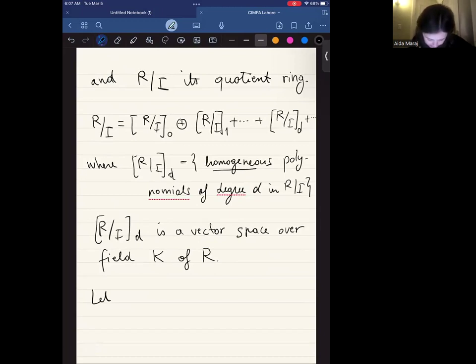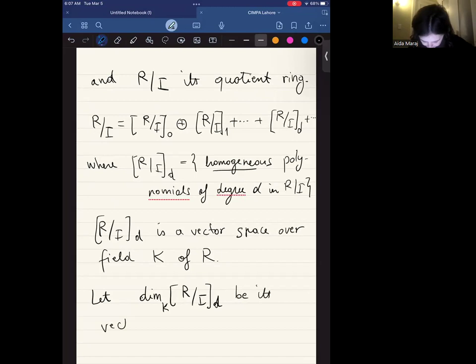So let the dimension of R mod I D over K be its vector dimension.